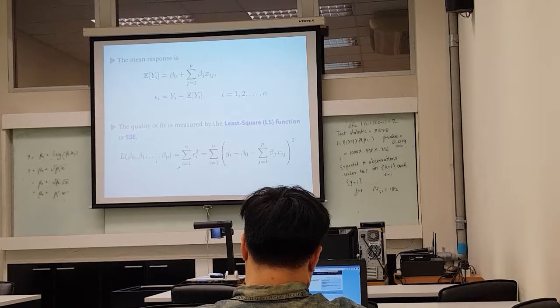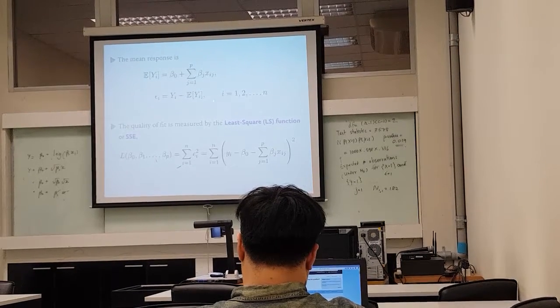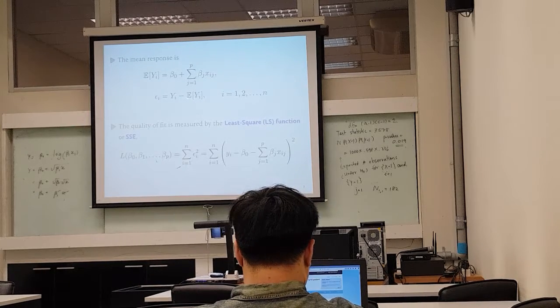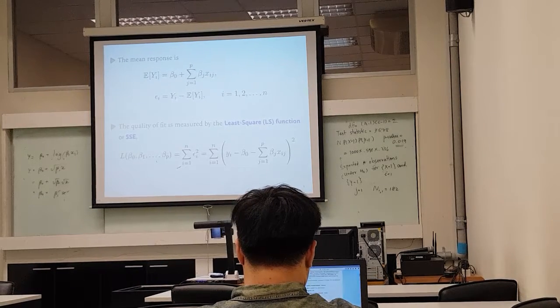The least square method tries to find the coefficient beta that minimizes the sum of squares of this. So you form the function. Yi is your observation, and the expectation of yi is a function of beta.